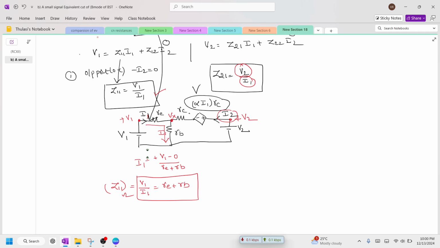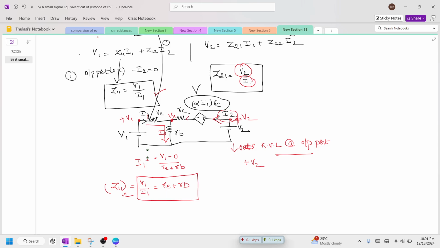I'm applying Kirchhoff's voltage law to link all the parameters at the output port side. So whenever current is leaving, what is the leaving polarity? Plus V2.